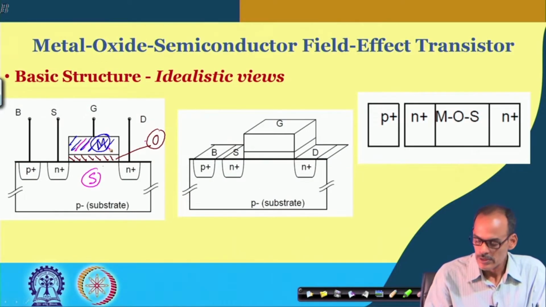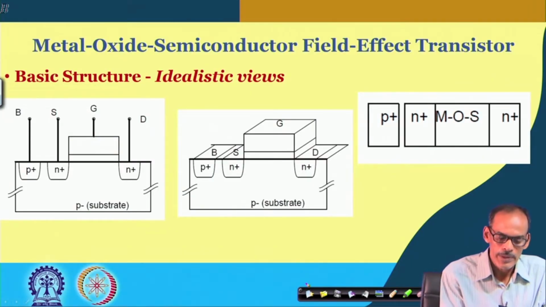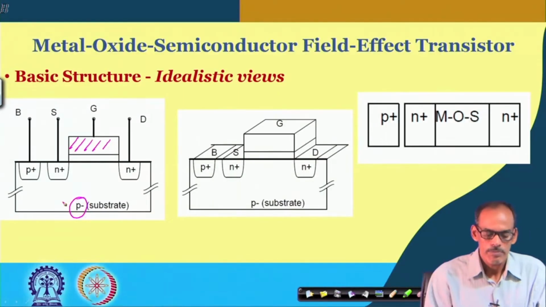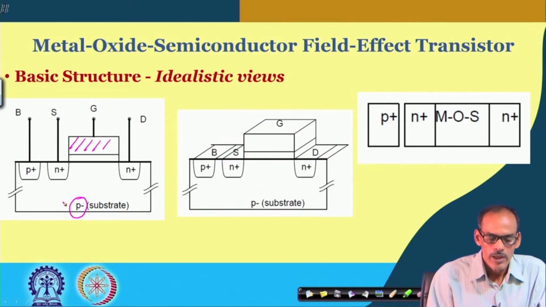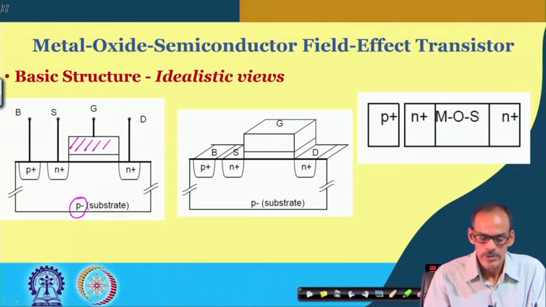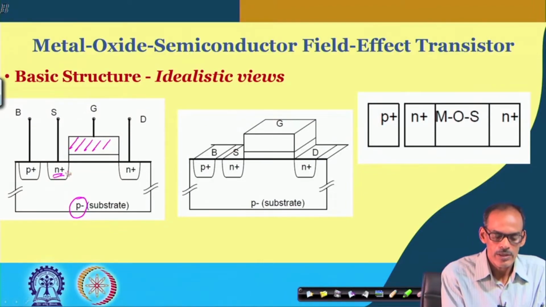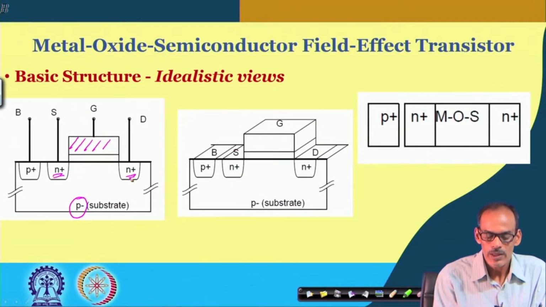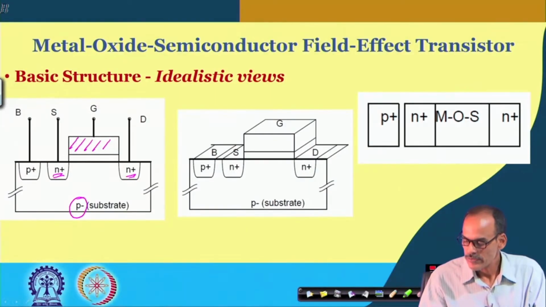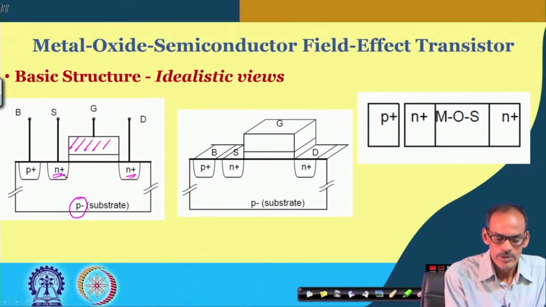Now, if you see here, as I said, this is a metal, and this semiconductor portion is weakly doped p type semiconductor. And then we have two islands, two N plus islands, left side and right side, and they are forming, I should say, two terminals.